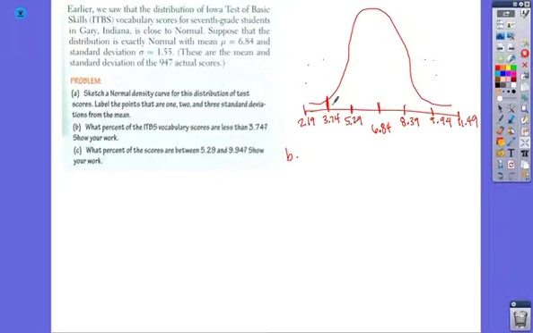So what we could do is we could say by the 68, 95, 99.7 rule, about 95% of the scores are between 2 standard deviations away. So basically from here to here is going to be 95% of the scores.